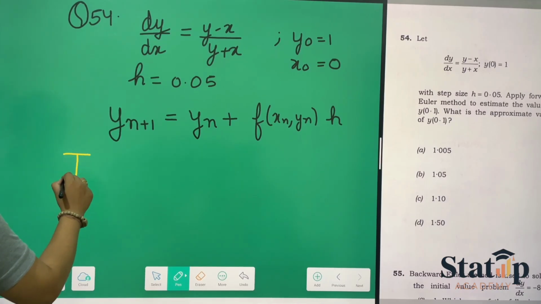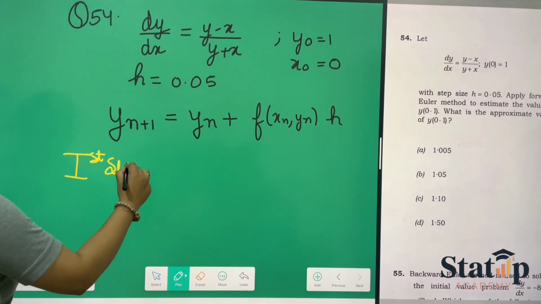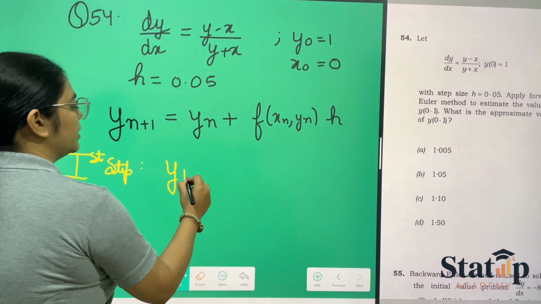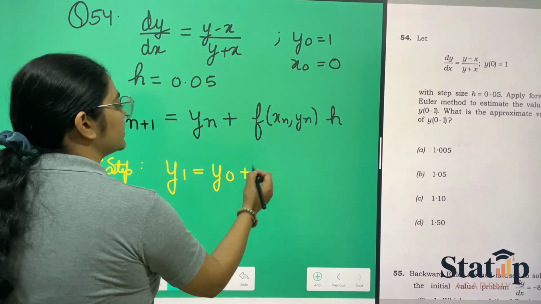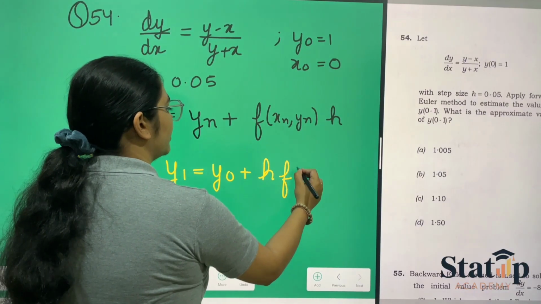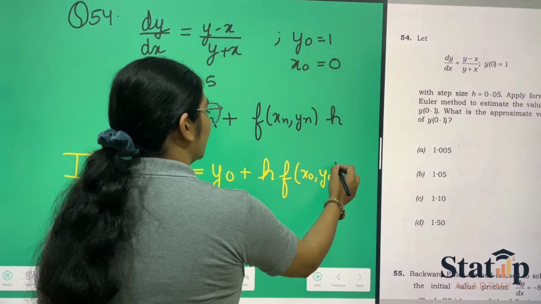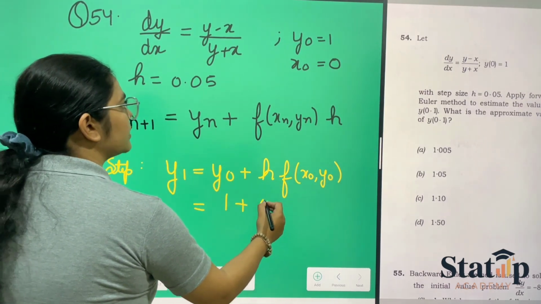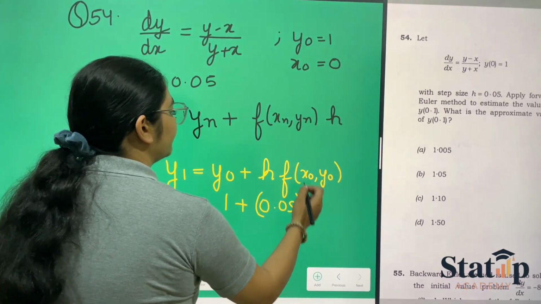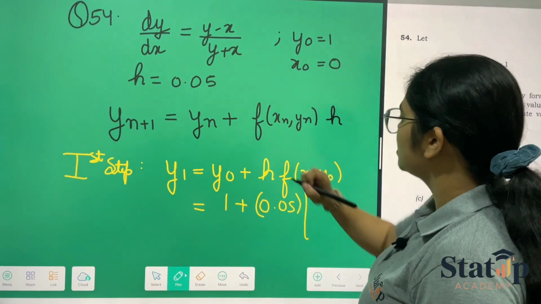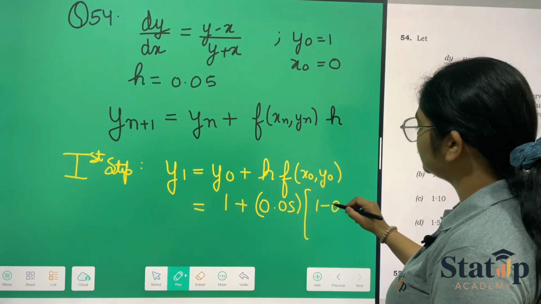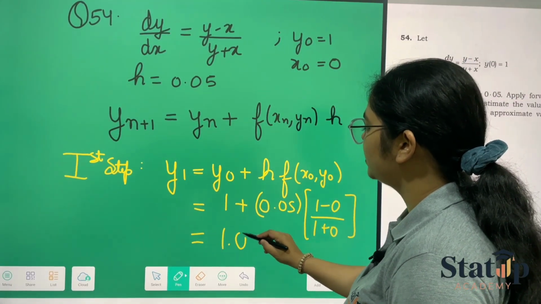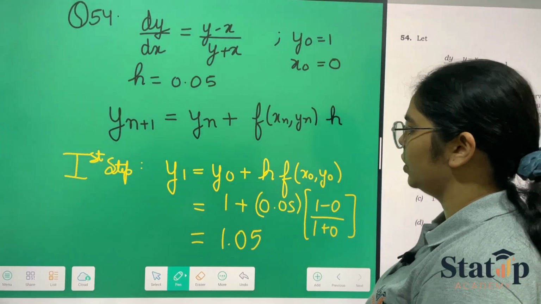So the first step is to calculate y n plus 1, which is y1 is equal to y naught plus h into f x naught, y naught. Now putting the values here, y naught has the value 1, h has the value 0.05, and f x naught, y naught is 1 minus 0 upon 1 plus 0. So this will be 1.05. y1 we have got.